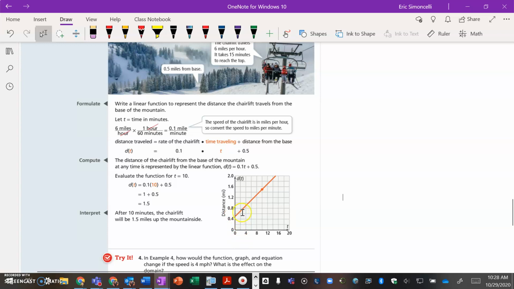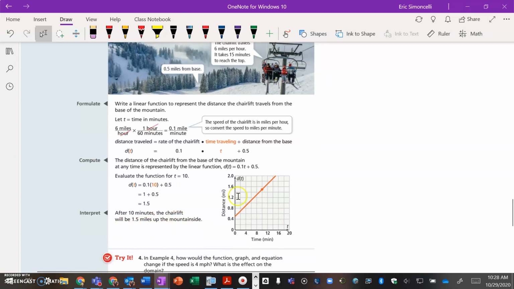Rise over run should take you all the way to this point, which we solved for by plugging it into this equation. d(10) ended up being 10 comma 1.5. And that's the distance in miles. So after 10 minutes, the chairlift will be 1.5 miles up the mountainside.